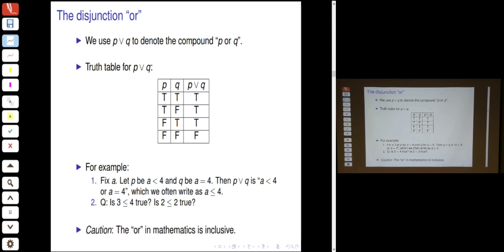Now, there's one way to misread the mathematical OR. This mathematical OR is called inclusive because when both P and Q are true, we still say P or Q is true. In daily life, sometimes the OR could be exclusive OR. It's like either you go or I go.